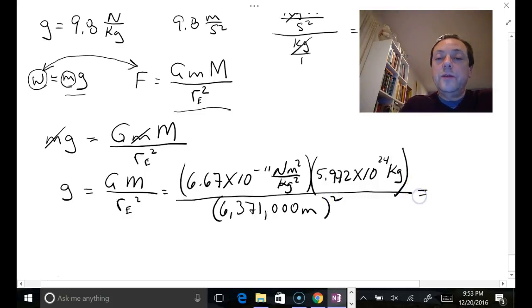So let's see what that could be. One of the kilograms is going to go away, the meters squared is going to go away, and our units will be newtons per kilogram. So this is almost 6, this is over 6.